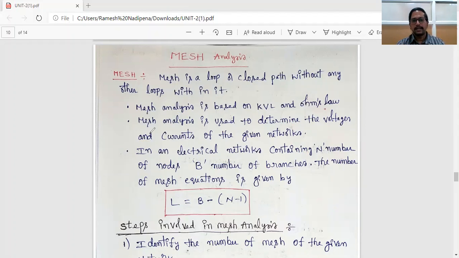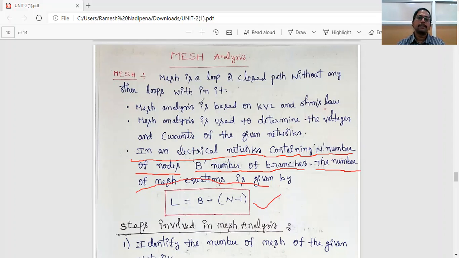Another important point: if an analytical network contains n number of nodes and b number of branches, then the number of mesh equations is given by L equal to b minus (n minus 1), where b is the number of branches and n is the number of nodes.